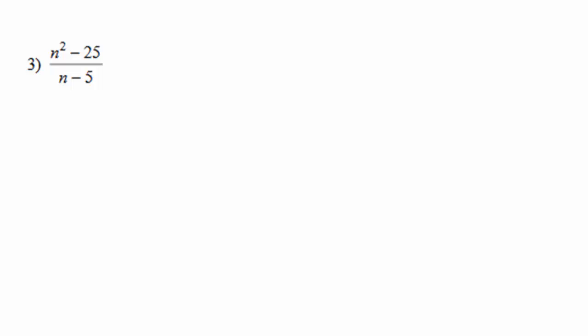Number 3, let's factor the top. This is something that you need to just try to get the hang of, noticing that I can multiply negative 5 and 5 to get negative 25, and when I add them together, they cancel each other out, which is how I don't have a middle term on top. And then on bottom, I have n minus 5, and so I'm going to cancel out my n minus 5s and get n plus 5.